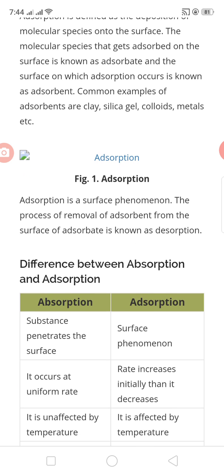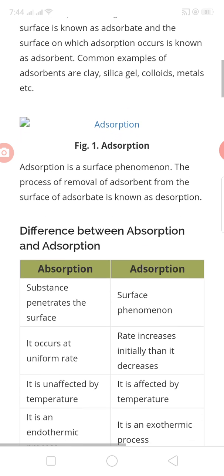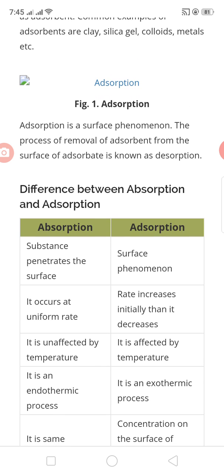Absorption versus adsorption. Number 1, in absorption, substance penetrates the surface, while in adsorption it is a surface phenomenon only. Molecules get adsorbed on the unilayer of the surface of the solid.